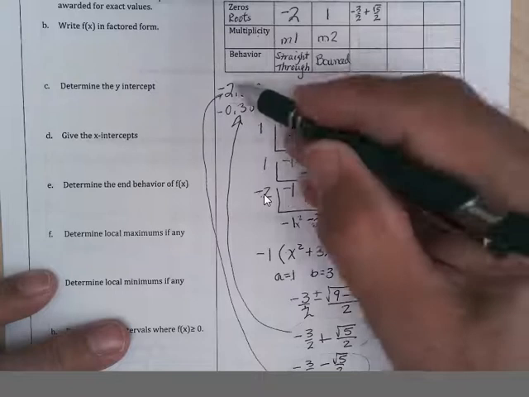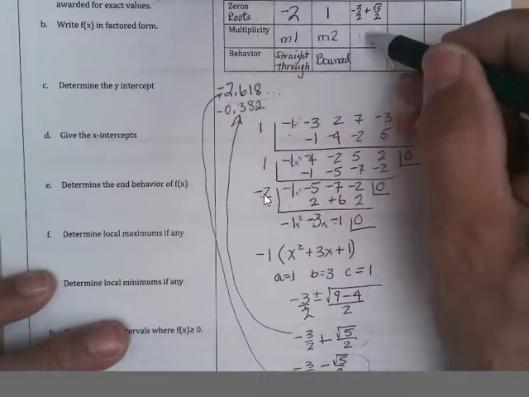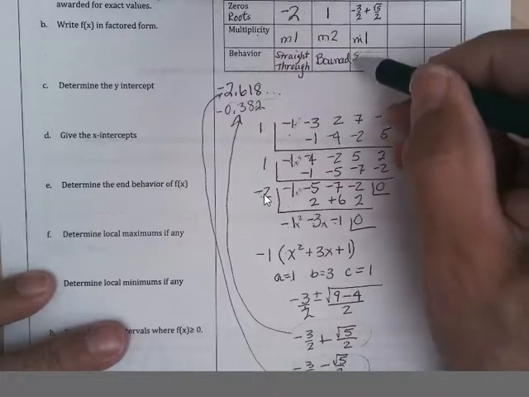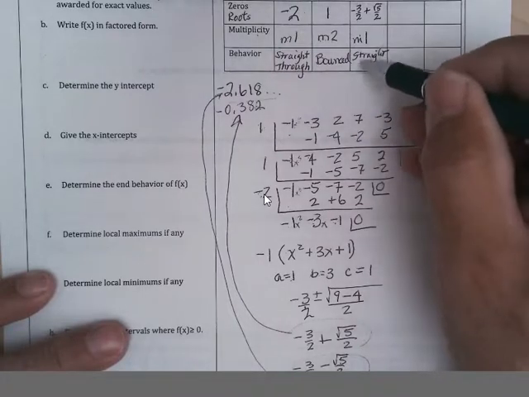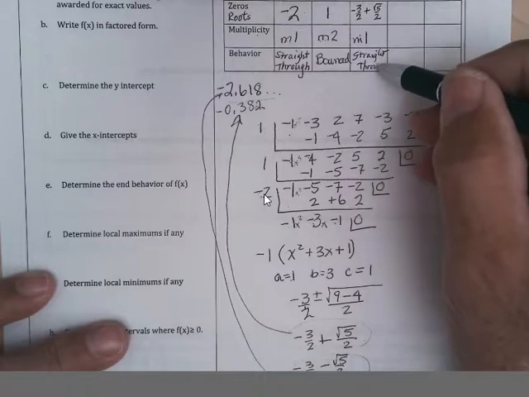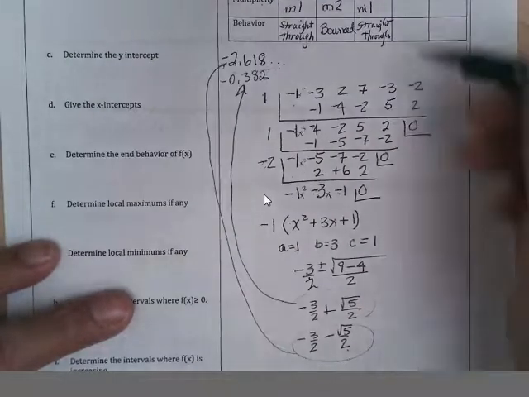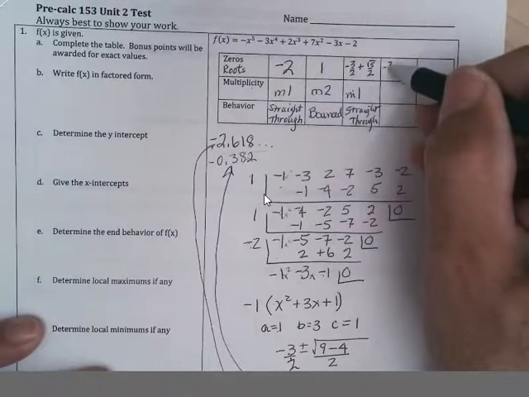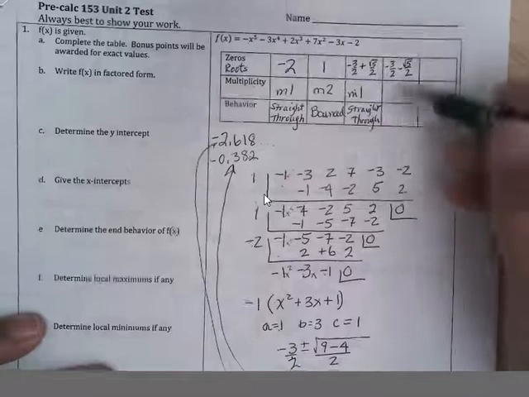It happened once. It went straight through at that place. So the multiplicity is 1. And the other one was at minus 3 halves minus the square root of 5 over 2.